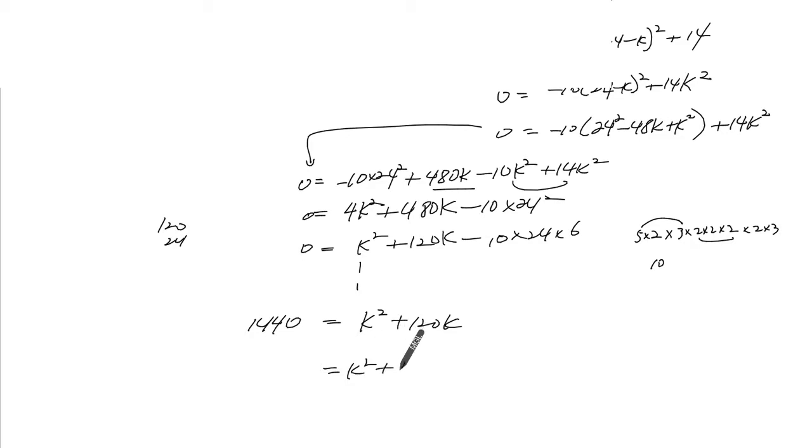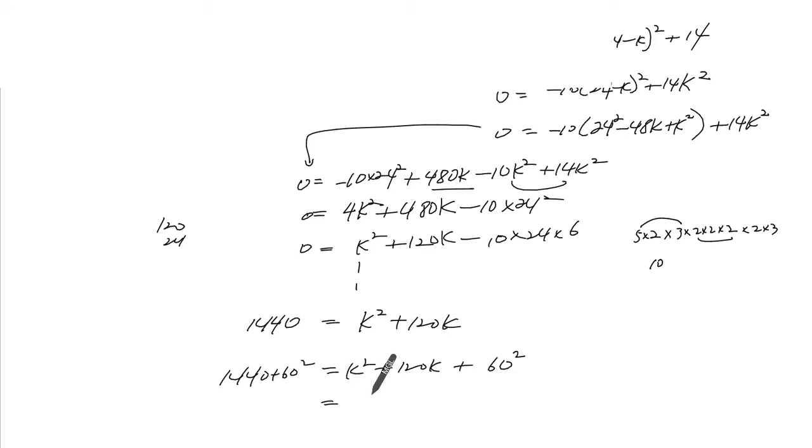To complete the square, we need this divided by 2, squared, so it's 60 squared. This becomes (k plus 60) squared.